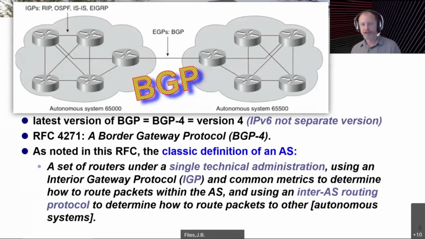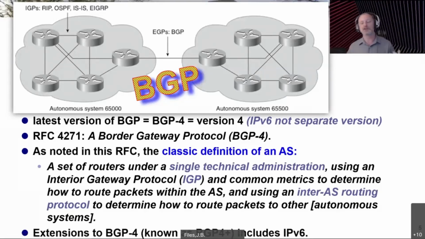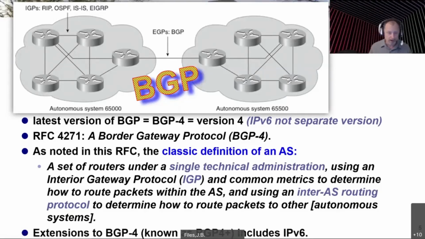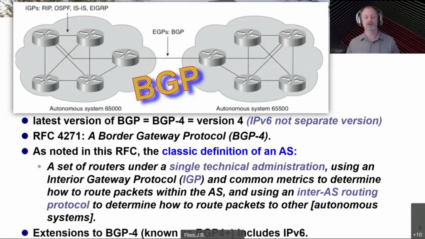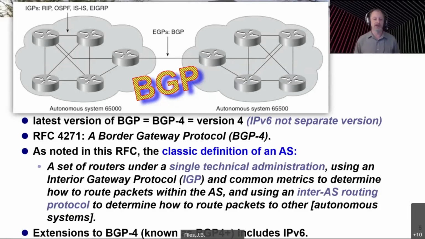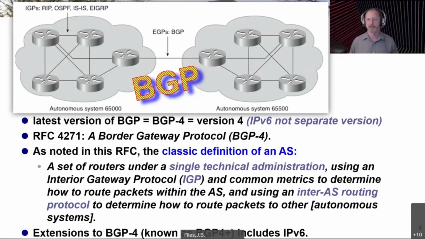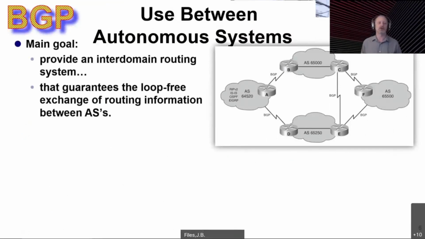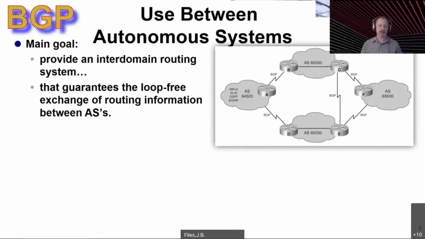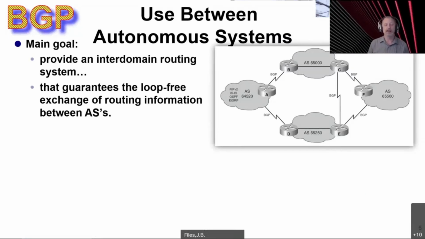So in order to do that, we use BGP version 4. And BGP version 4 had extensions in order to make it compatible with IPv6. So we call it BGP4 Plus. BGP's main goal is to provide inter-domain routing in a way that guarantees loop-free routes.